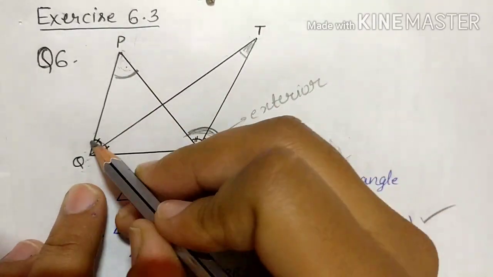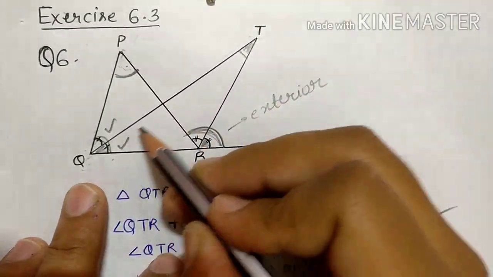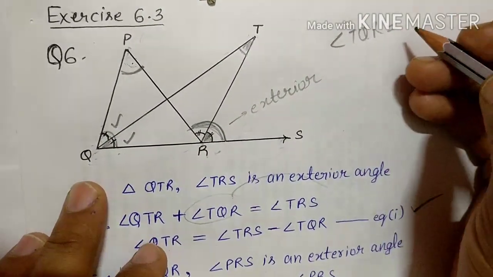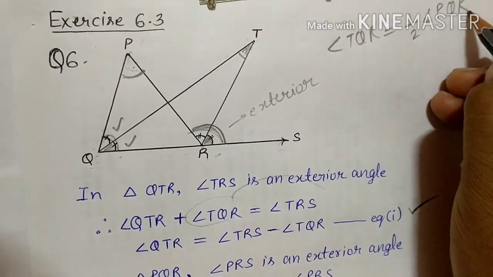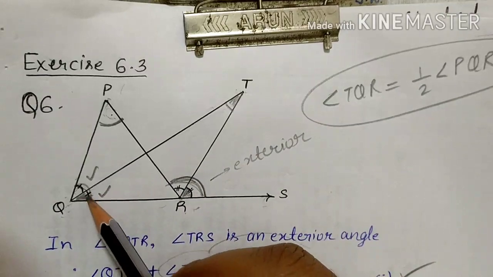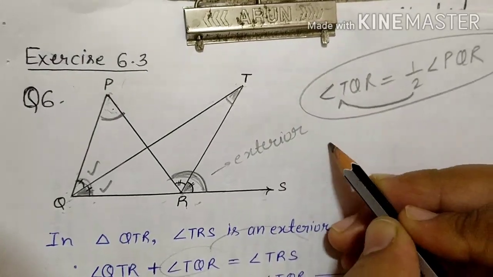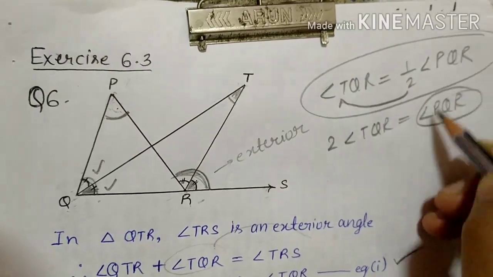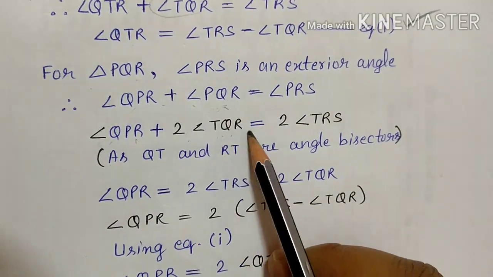So QT divides this full angle into two equal halves. So angle TQR is half of angle PQR, because QT is the bisector. When we move this to this side, twice of angle TQR equals angle PQR. So we have written twice of angle TQR in place of PQR.